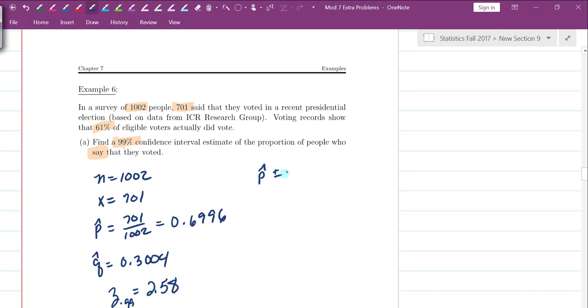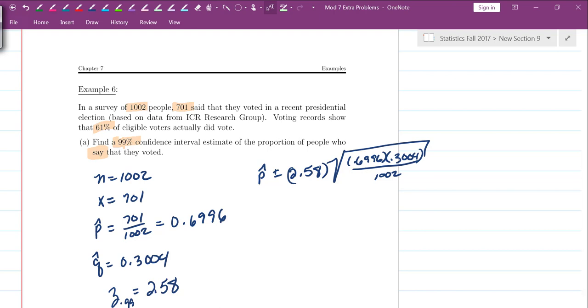So it's p hat plus or minus 2.58, the critical value, times the square root of p hat times q hat, which is 0.6996 times 0.3004 divided by 1002.